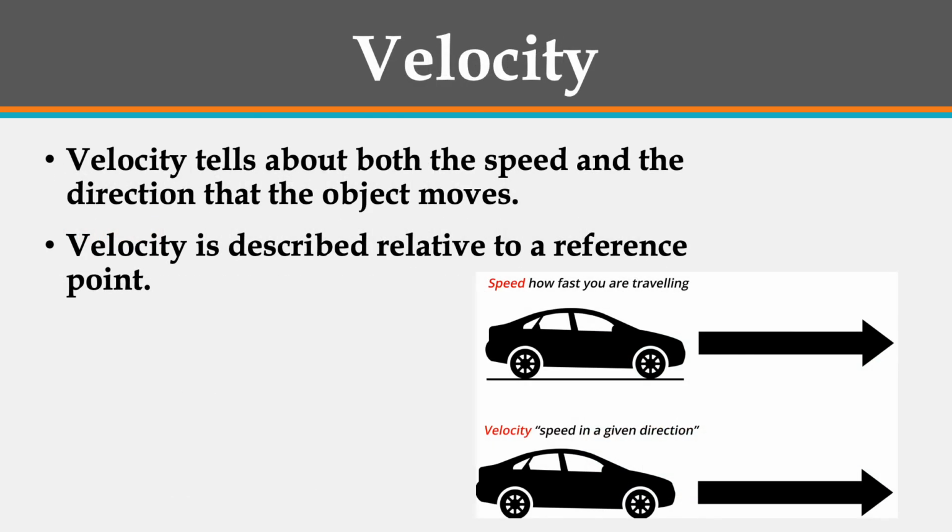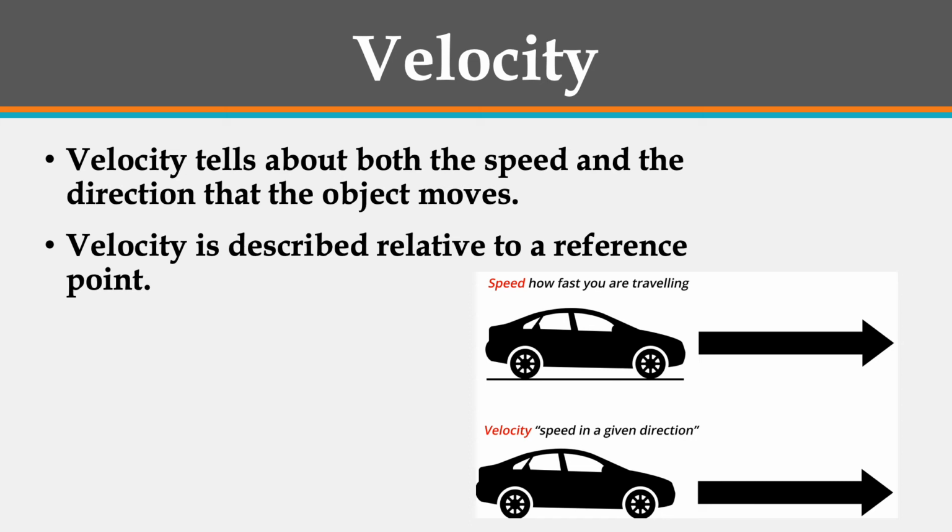Velocity tells about both speed and direction. It means, for example, the car is moving 60 kilometers per hour to the east. This is velocity. Velocity is described relative to a reference point.